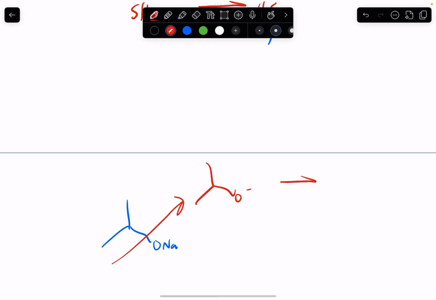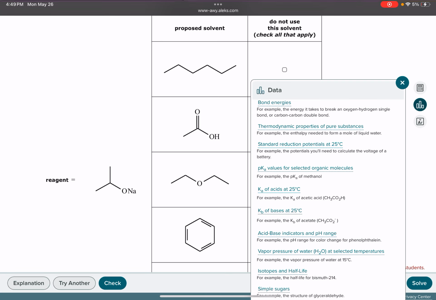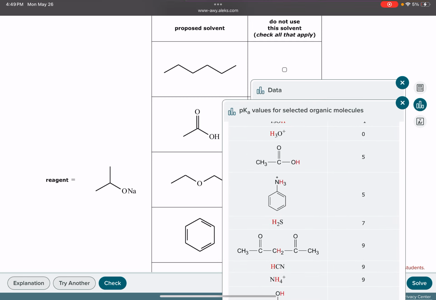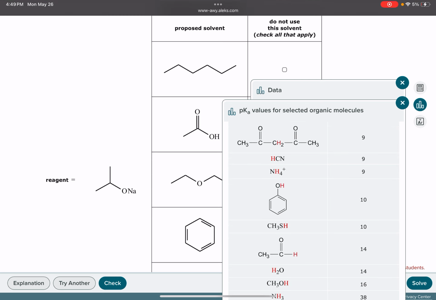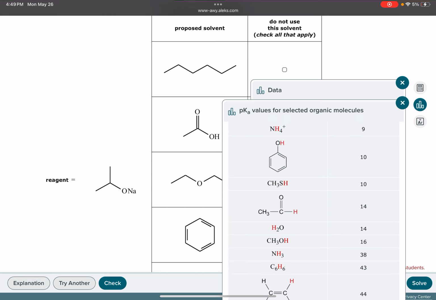And what's the conjugate acid of this? Isopropyl alcohol. So we can find an alcohol on the pKa table. There's an alcohol at 10, but it has double bonds in there, which are conjugated, so it's probably not the one we're looking for. There it is, methanol at 16.